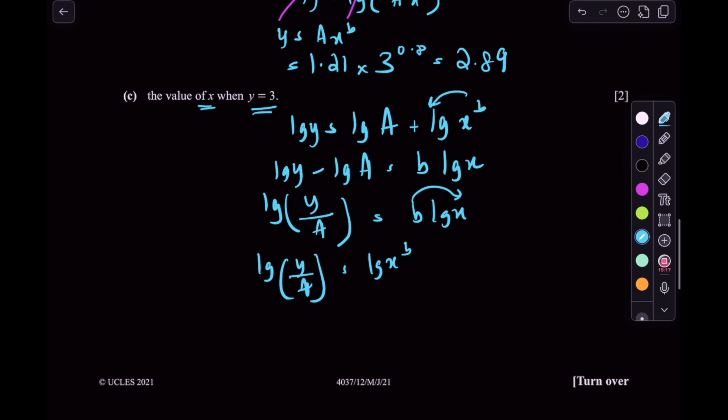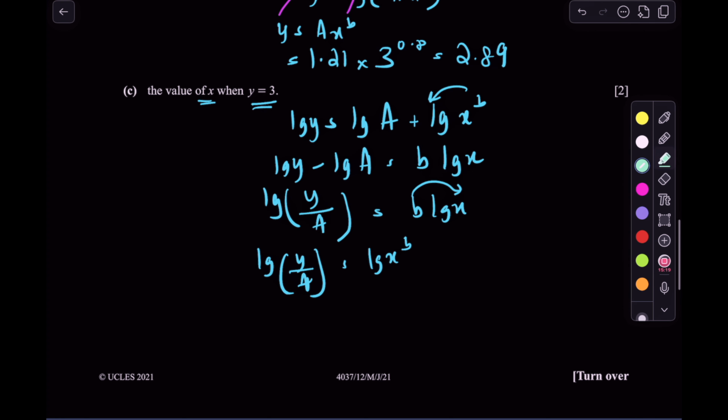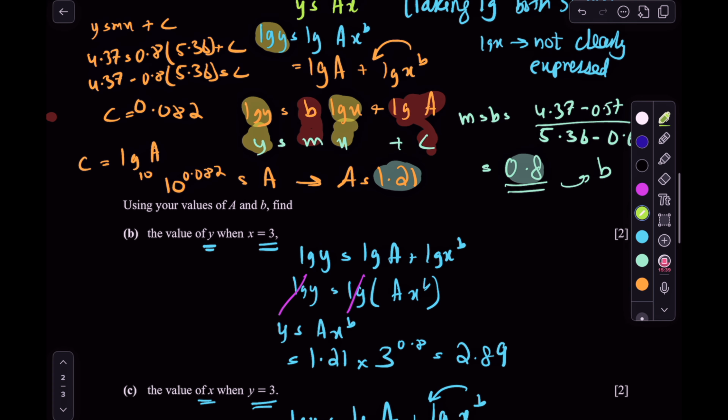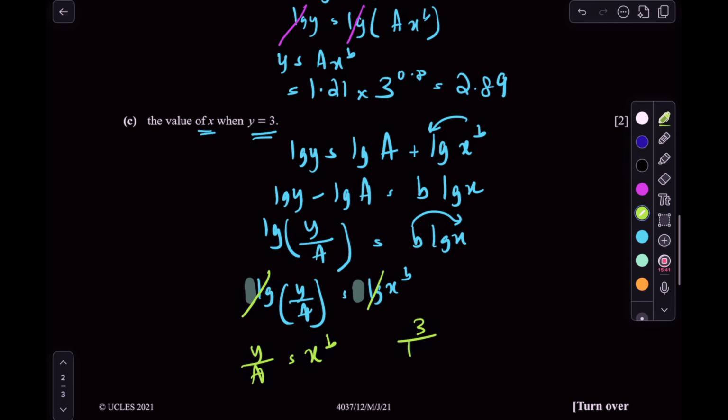Now since both of these logs have the coefficient of 1, I can equate them. Their arguments can be equal, and now I can cancel the logs because they have the same base. So y upon a equals x to the power of b. And what is my y term? It is 3, upon my a term, which is 1.21, and that equals x to the power of b.